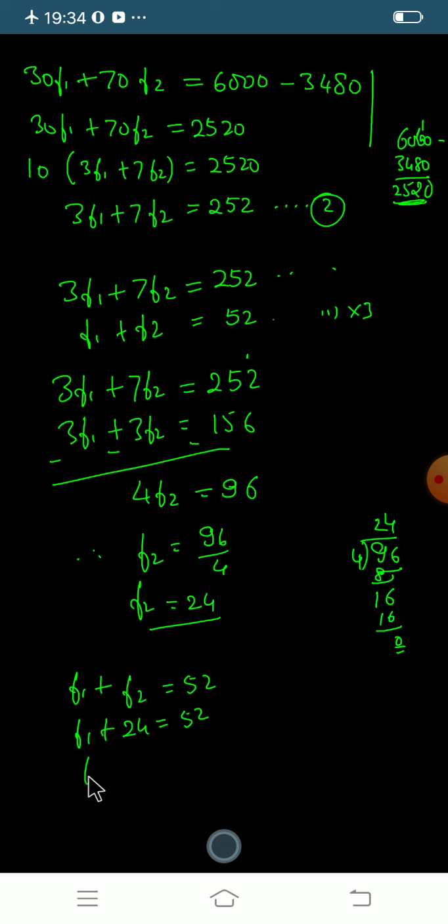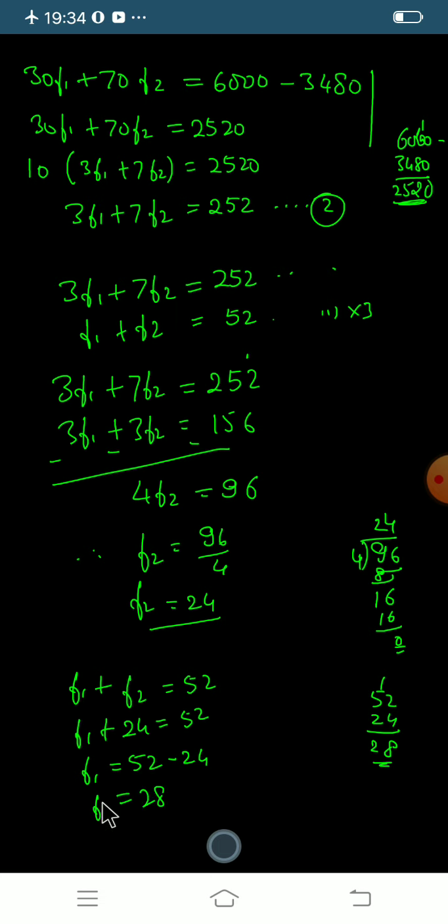So F1 is equal to 52 minus 24. How much? 52 minus 24 is 28. So F1 is equal to 28.